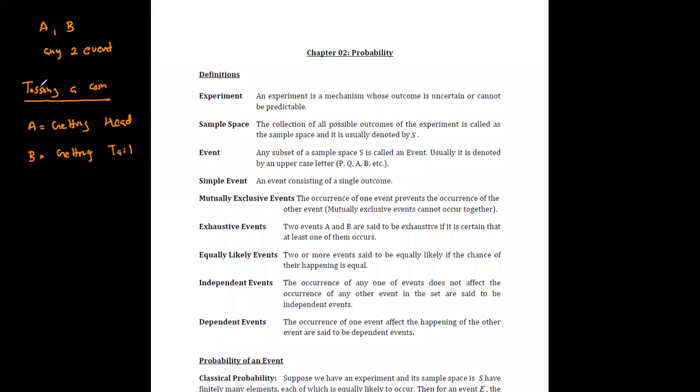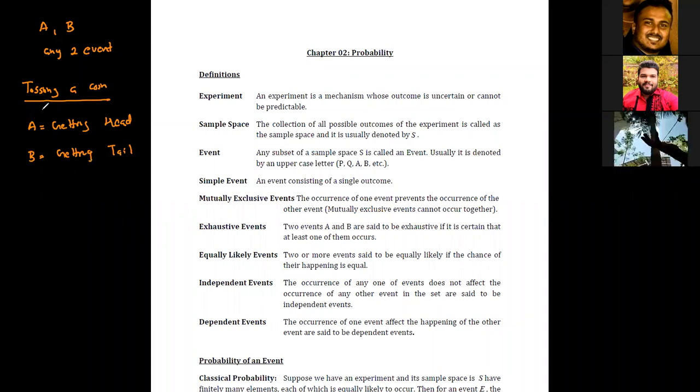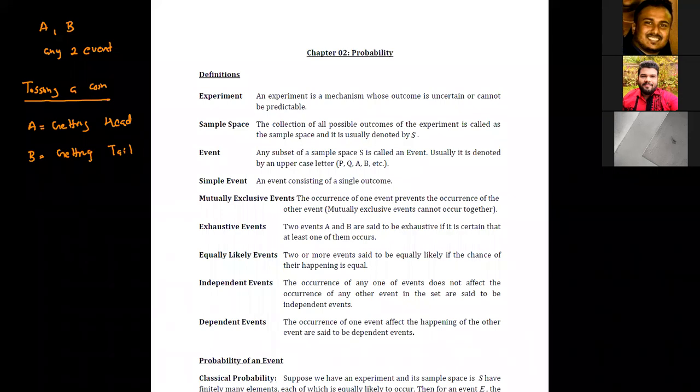If you are considering the experiment of tossing a coin and you are getting a head, then it prevents the happening of the next event.